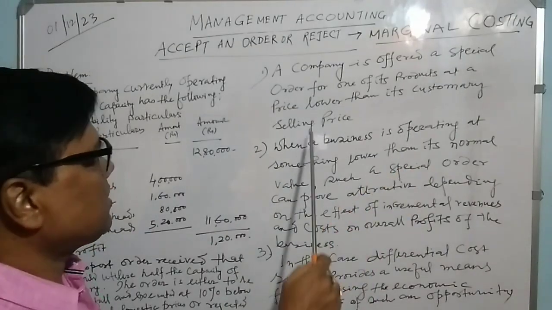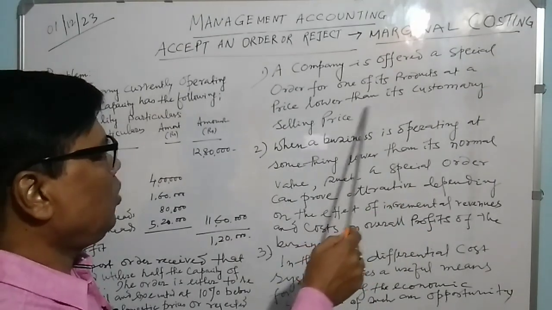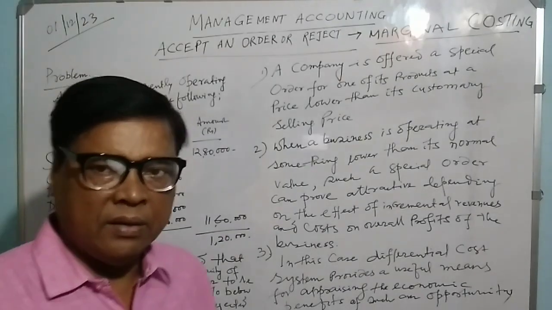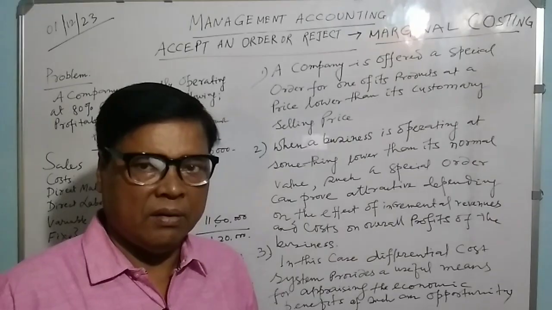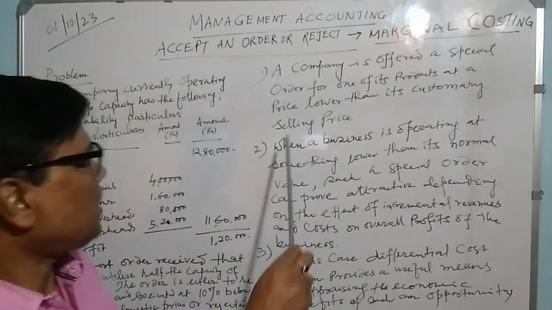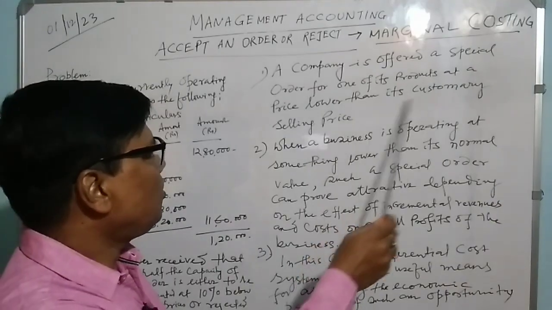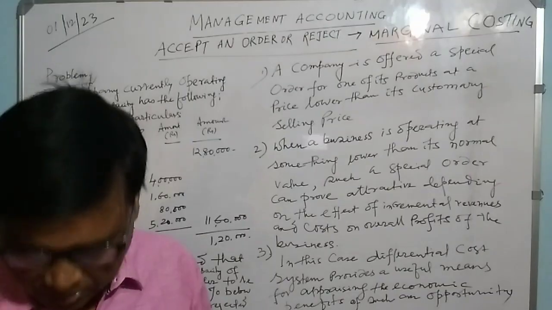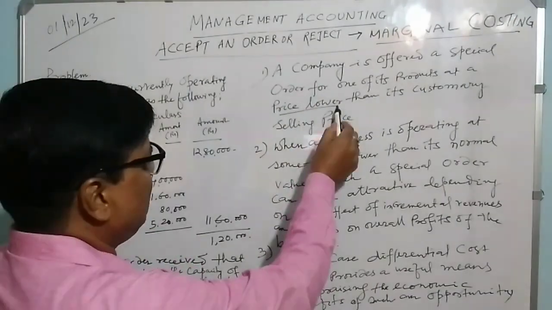The company is offered a special order for one of its products at a price lower than its customer selling price. Whatever offer you have been given for some special order is at a price lower than the customer selling price, whatever you have been regularly selling.